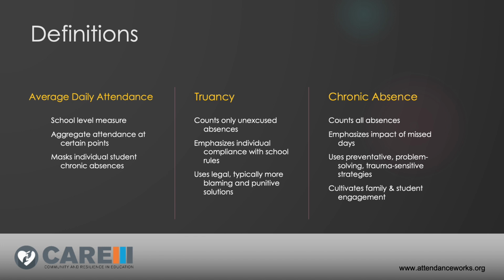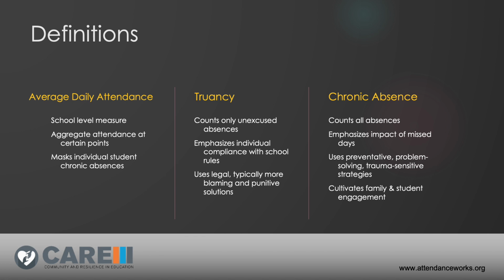The next term is truancy. Truancy typically only counts unexcused absences, and it focuses on an individual student's compliance with the student rules. Truancy is often used as part of a legal system, and it's typically more blaming and includes punitive solutions rather than problem solving.